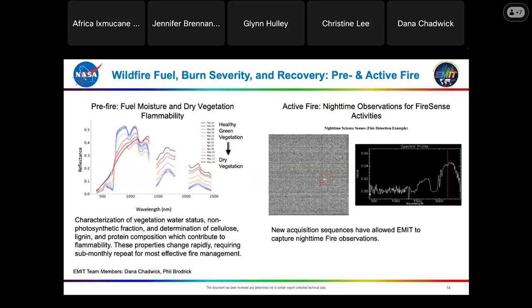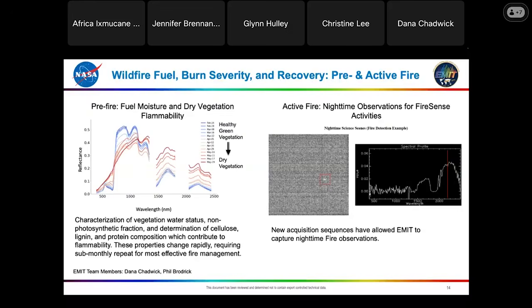We're also able to think about how vegetation changes as you move from healthy, green, well-hydrated vegetation into dry, much more flammable vegetation as we think about understanding fire fuel distributions. What you can see here on the left is an example of, in blue, an early season, very happy, very green, grassy meadow, and moving into a fully senesced version of that exact same meadow in red.